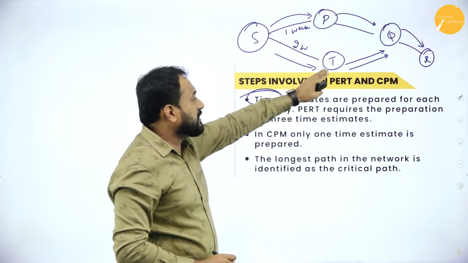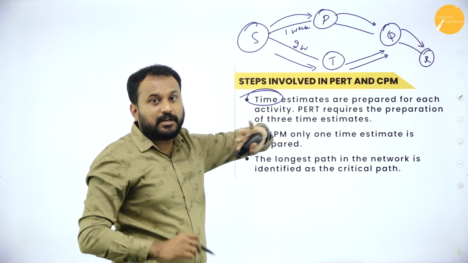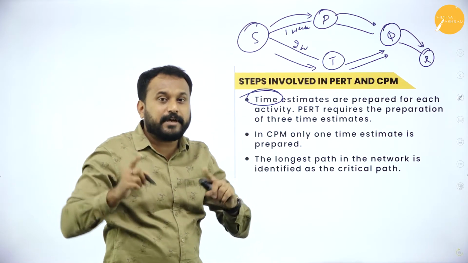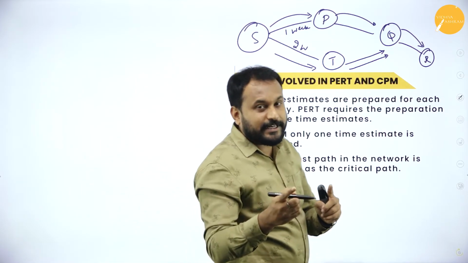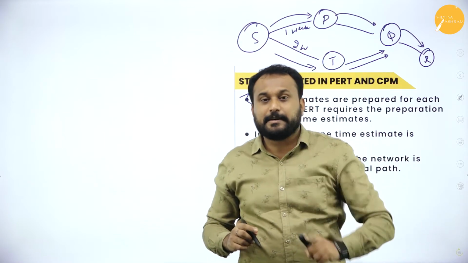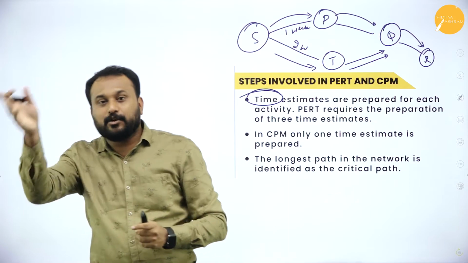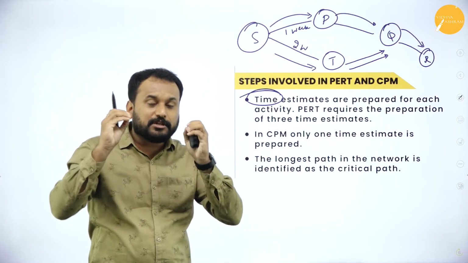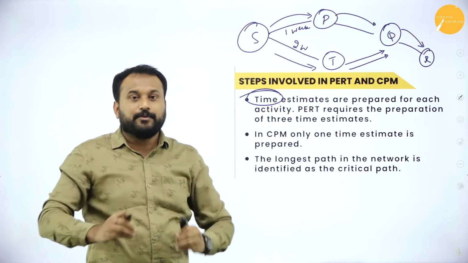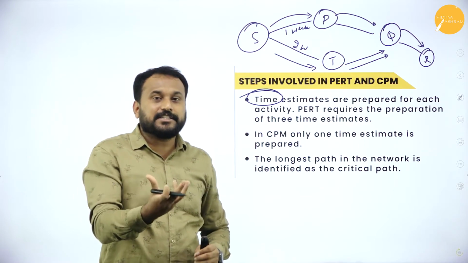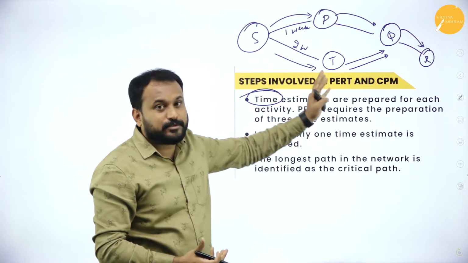To finish task T, I'm taking 2 weeks. This is what you are supposed to compare: which one should I do? It is not that because I need only 1 week, I'll complete that first and then go to the next. No, it is not that. You are supposed to know which is the crucial one, which is very urgent.